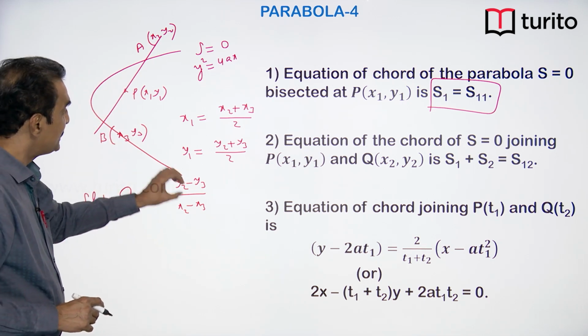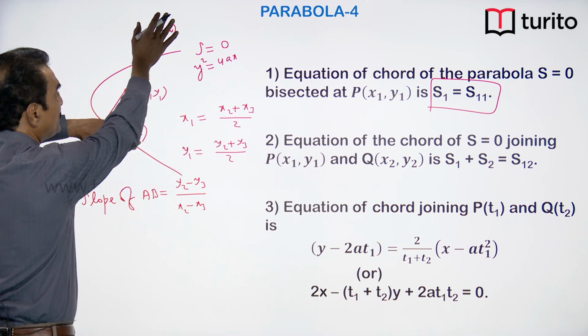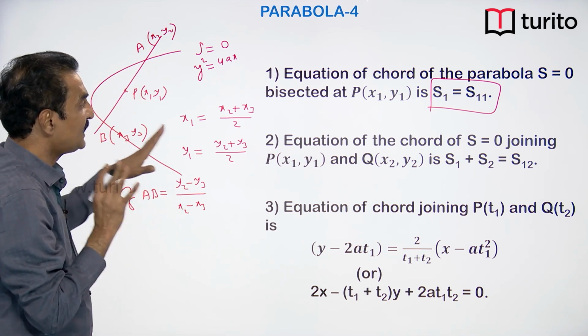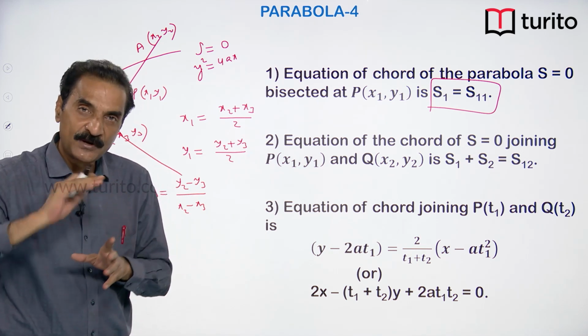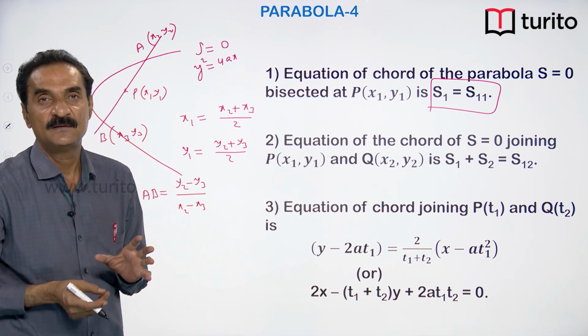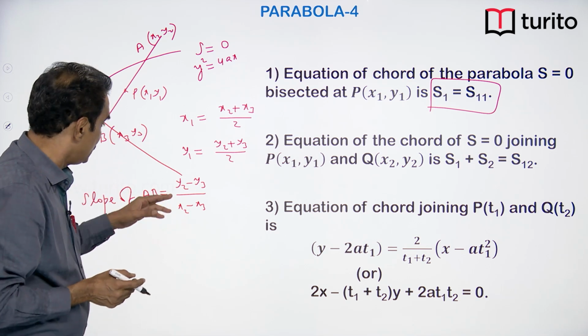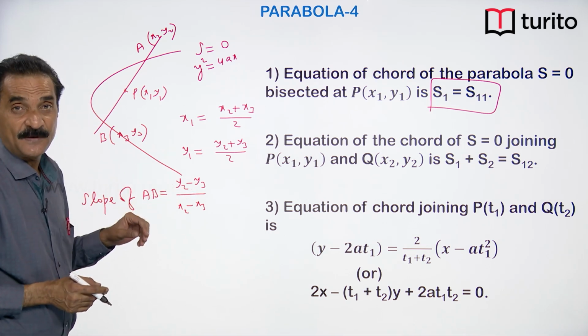Now, we have to get it in terms of x1, y1 because those 2 points we have assumed; the given point is (x1, y1). So, we have to calculate this in terms of x1 and y1.